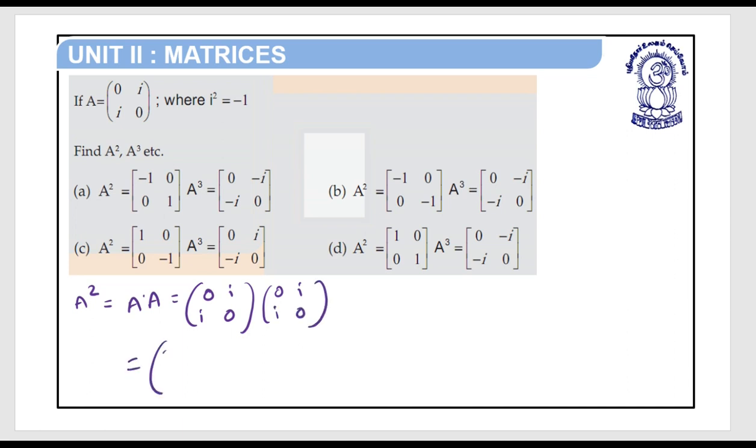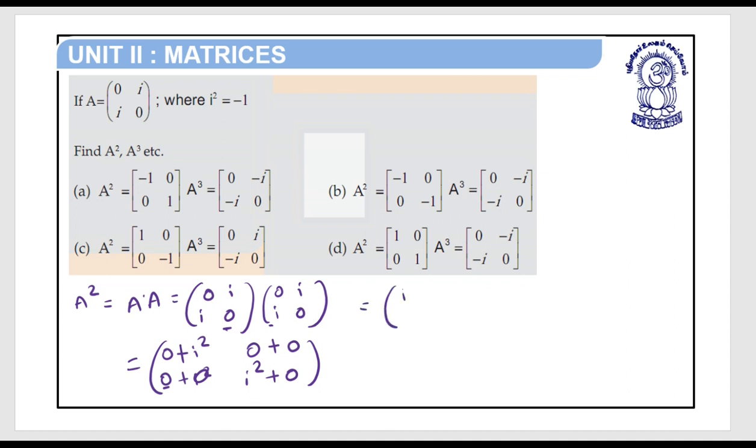So 0 into 0 plus I square, 0 into I 0 plus I into 0 0, I into 0 0 plus I square, 0 into I, 0. Here I into 0, 0. 0 into I, 0. I into I square plus 0 into 0, 0.